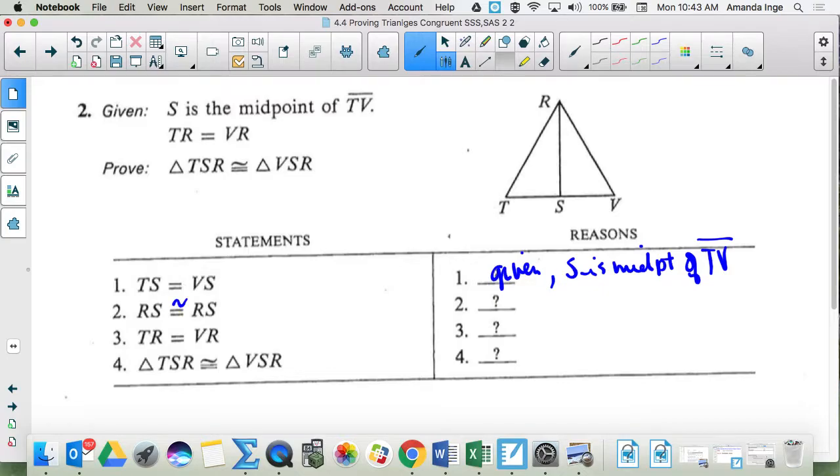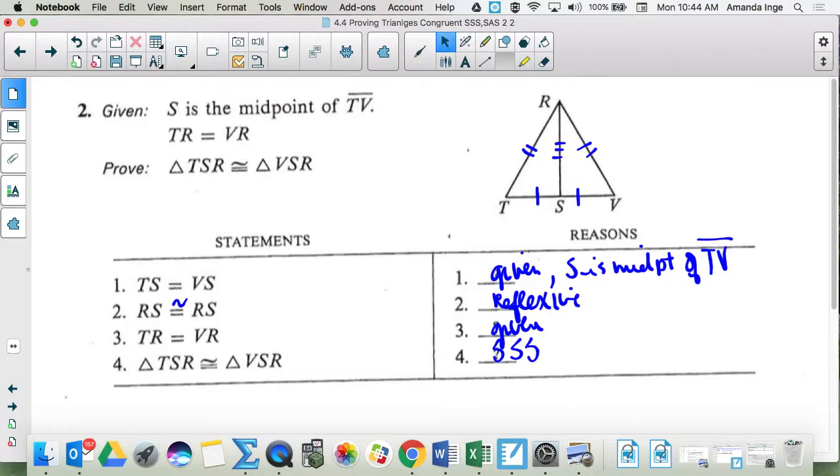Reflexive. All right. TR is congruent to VR. Given. All right, so we have this is equal to itself, this piece is equal to that piece, and these pieces are equal. So side, side, side. Okay, everybody good?